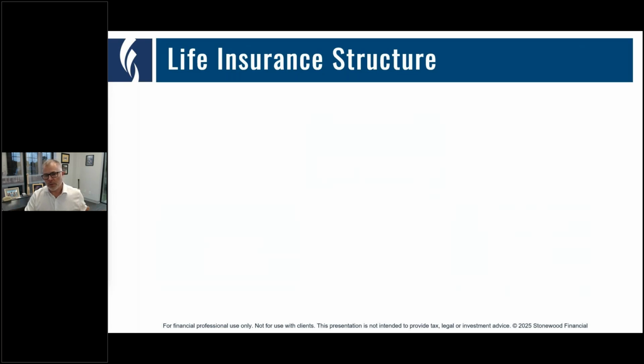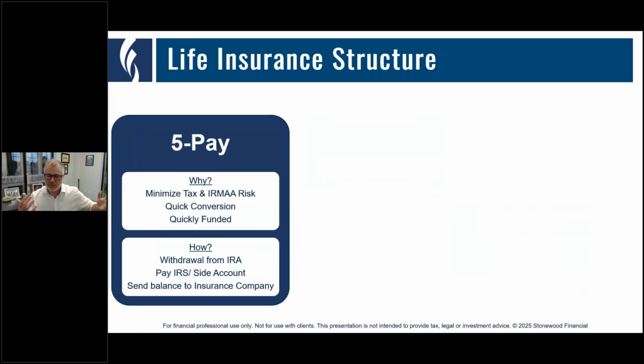And so when we look at the structure of the life insurance, there's a couple of different ways to go about it, right? We could just do a 5-pay. In that case, taking money out of the IRA, take a distribution from the IRA, pay the IRS, use what's left to fund 5 payments. And what's nice about that one is we're done quickly, right?